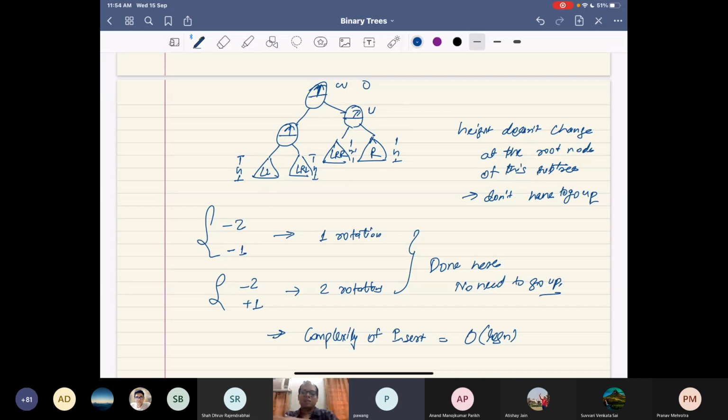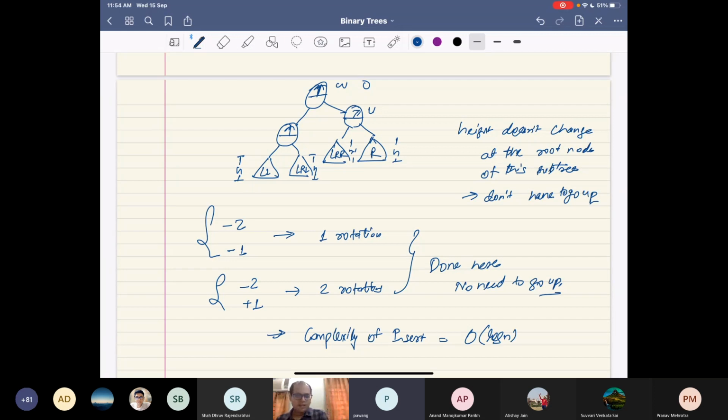You can use rotation that maintains the binary search tree property. In this case, one right rotation here, or one left and right at another node. If you do left and right, you will get the same configuration. So by one rotation or two rotations, you could maintain your AVL property, and your insert is done.